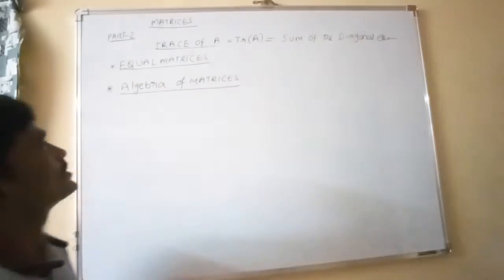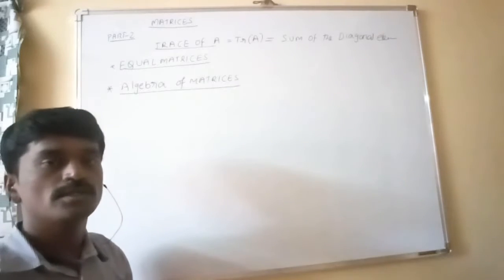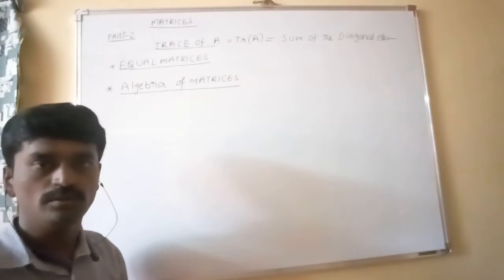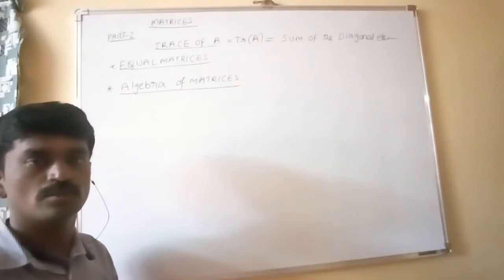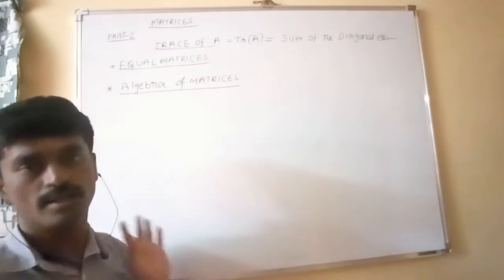So first we will discuss equal matrices and algebra of matrices. We say that two matrices A and B are equal if the order of A is equal to the order of B and the corresponding elements of A and B are equal.